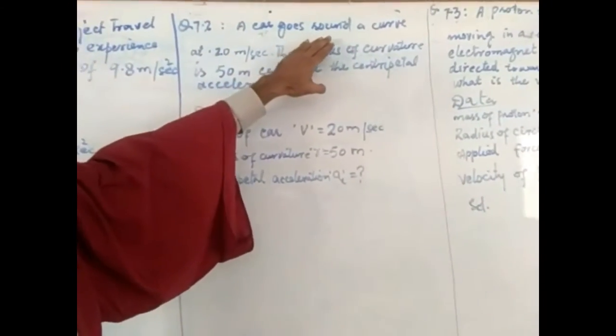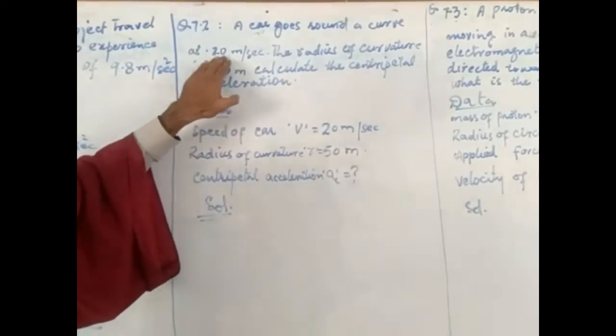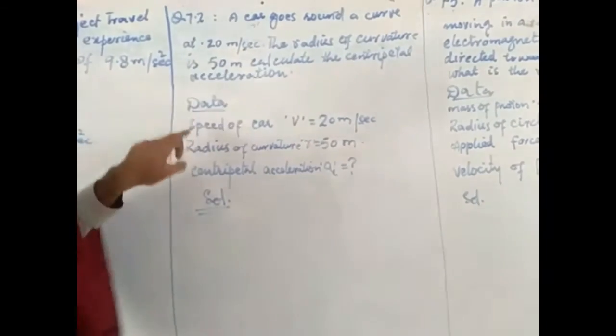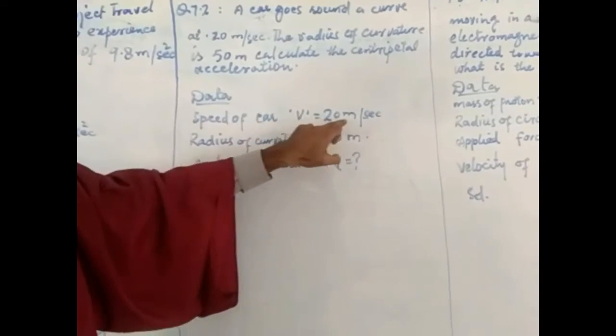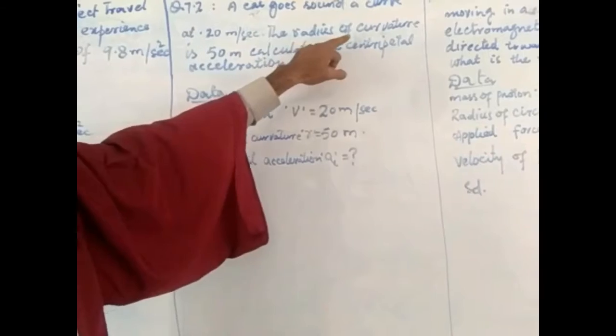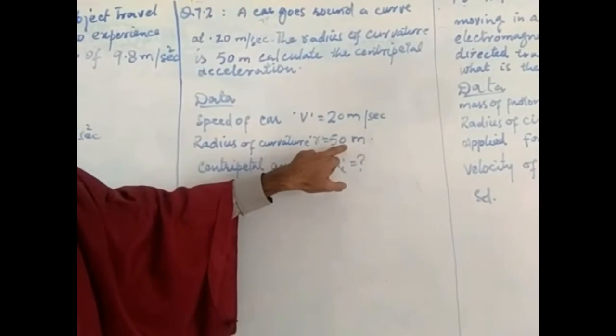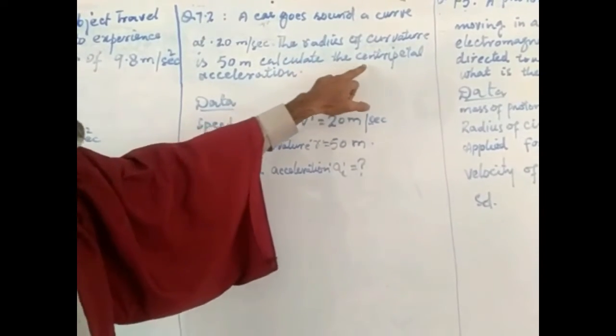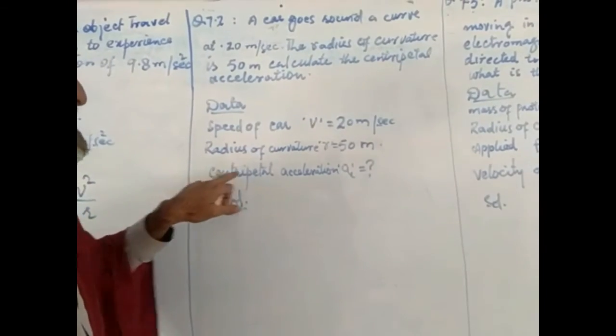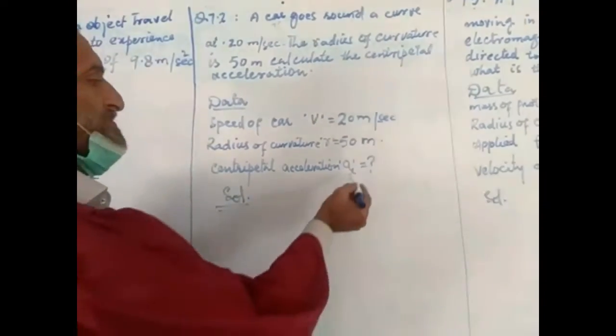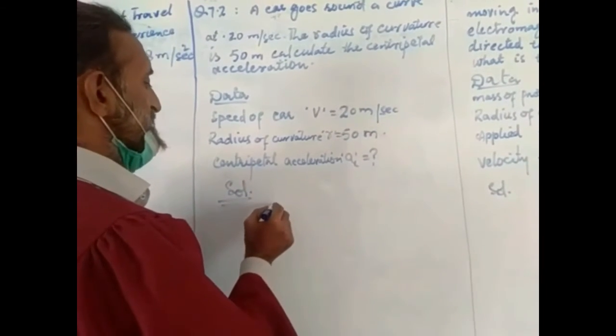Now the next question is, a car goes around a curve at 20 meters per second. Speed of car is 20 meters per second. The radius of curvature is 50 meter. Calculate the centripetal acceleration.